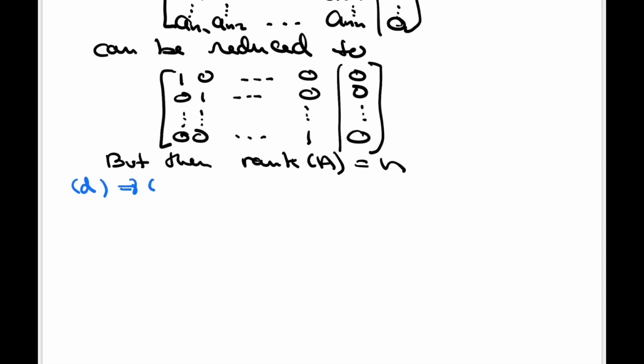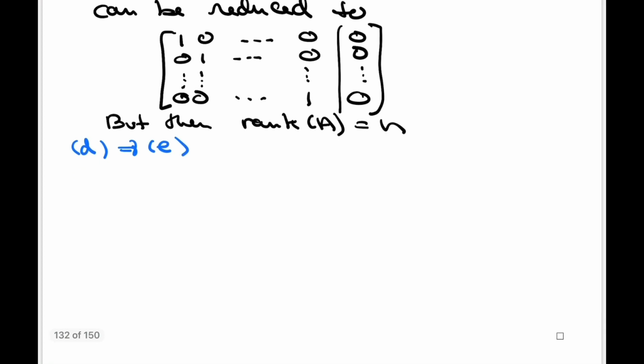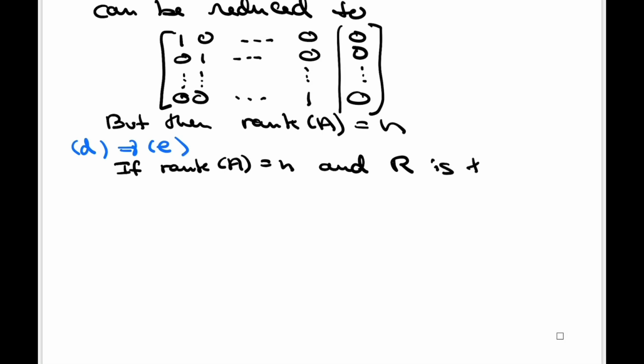So D implies E. If the rank is equal to n, then we want to show that the reduced echelon form has to be the identity matrix. So we'll say if the rank of A equals n, and let's give it a name, R is the RREF, the reduced echelon form of matrix A. So it's the RREF of the coefficient matrix.